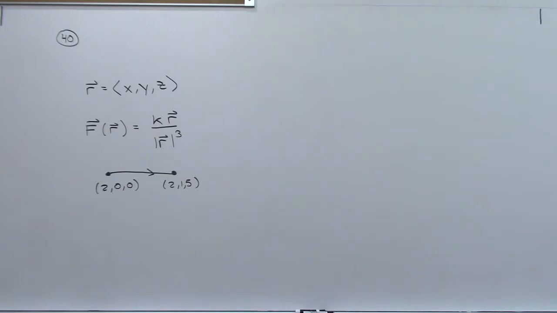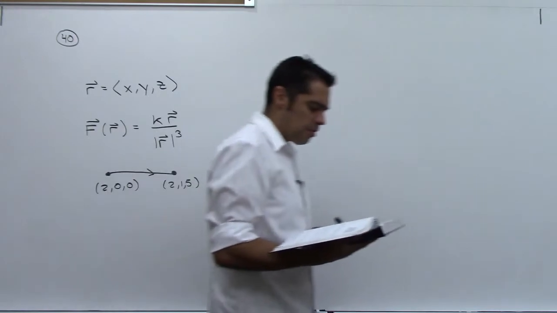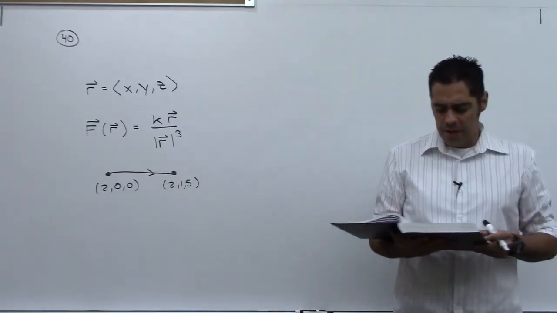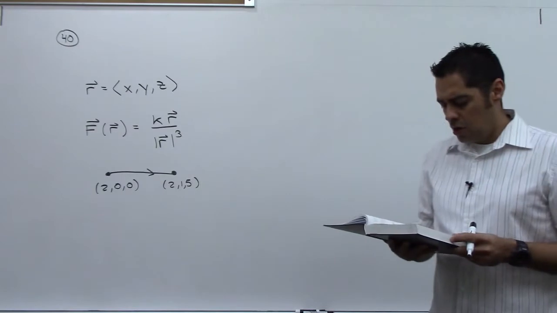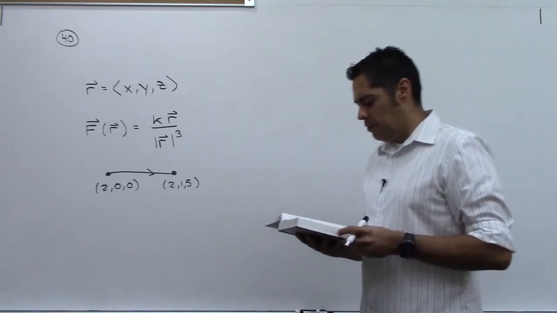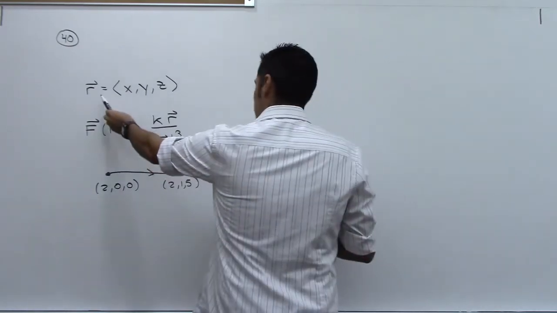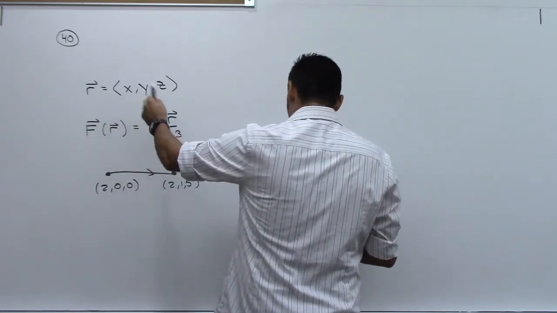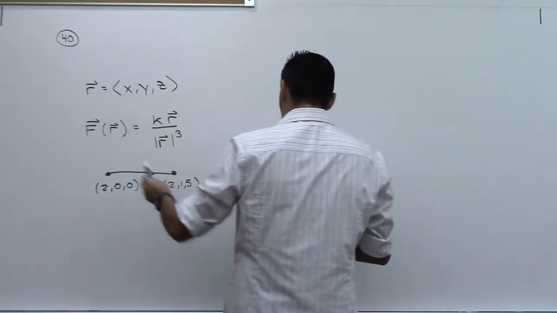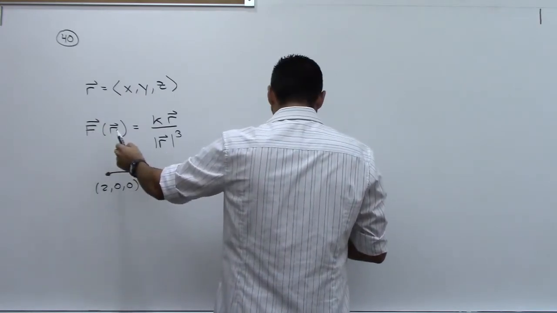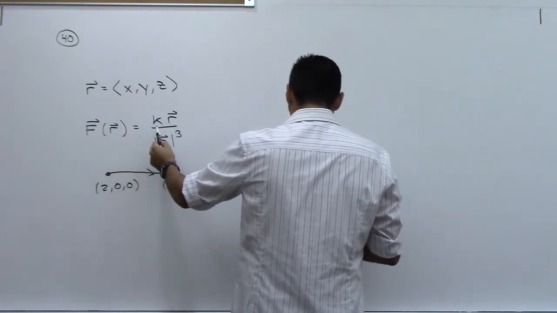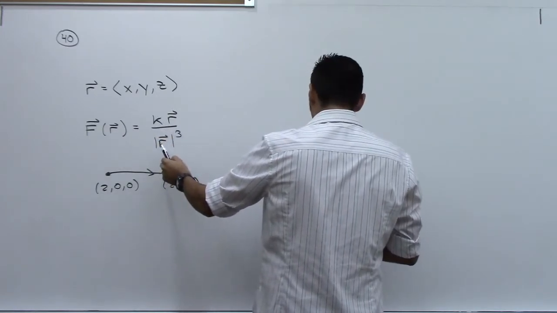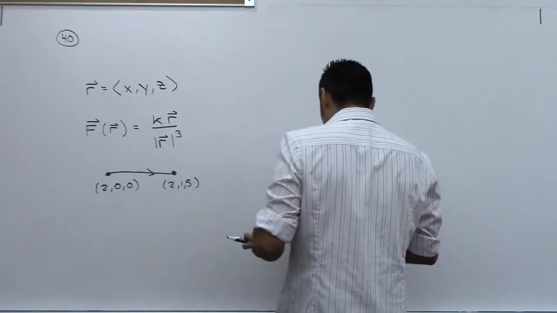All right, I'm still working here in 13.2. Decided to go ahead and do some of these later problems. Here's number 40. I'm going to read the problem out here. The force exerted by an electric charge at the origin on a charged particle at the point x, y, z with position vector r is given to us by the force field, as a function of r, equal to k times r over the magnitude of r cubed, where k is a constant.